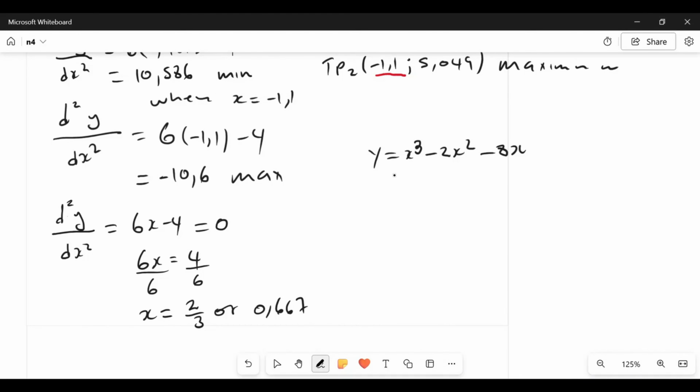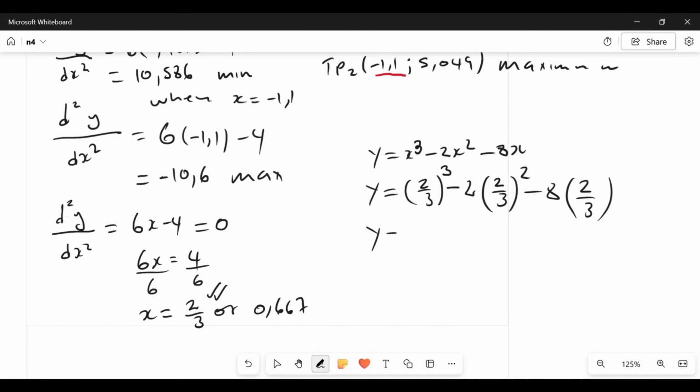So in order for us to find the y coordinate of the point of inflation, we substitute by our x coordinate there. So let's do it. Wherever there is x, we're going to substitute with 2 over 3, and then we put cube there, minus 2, and then we have 2 over 3, and then we have squared there, minus 8, and then we also have 2 over 3.